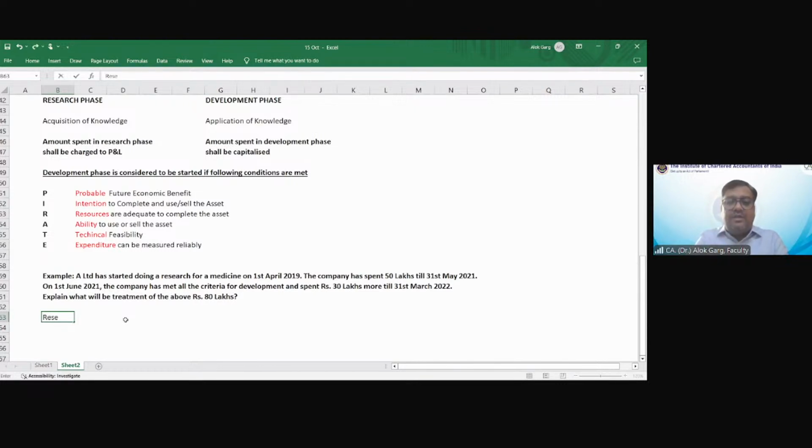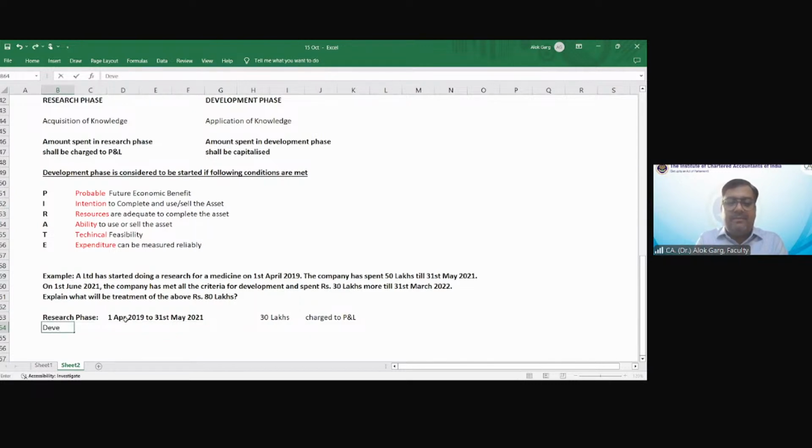So first of all, what is my research phase? My research phase is 1st April 2019 to 31st May 2021. So what is the amount which is charged to the P&L? 50 lakh charged to P&L.